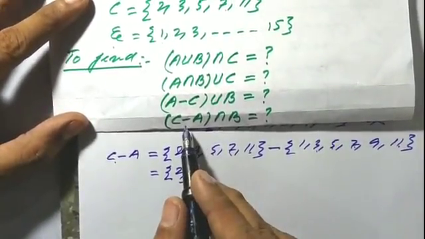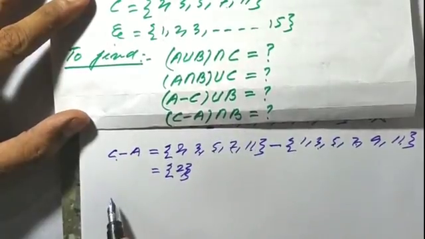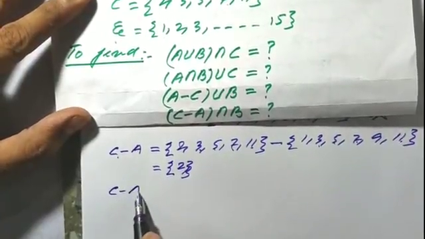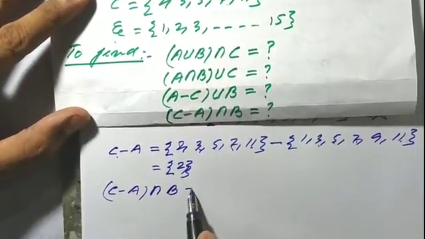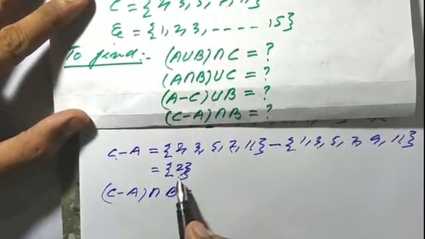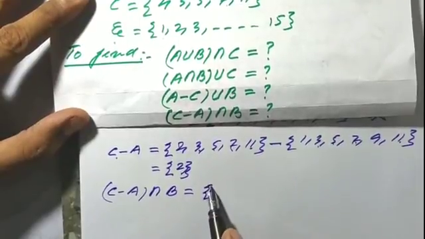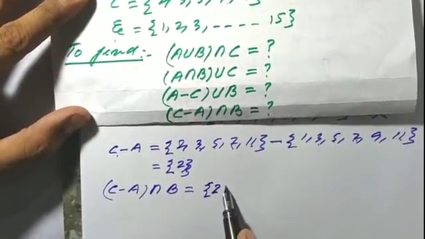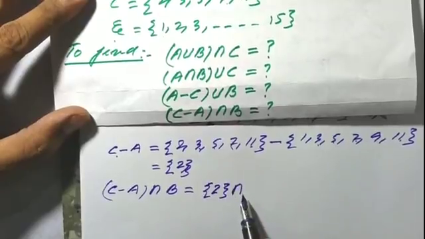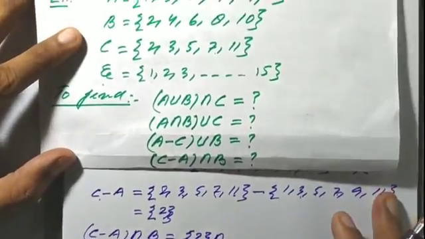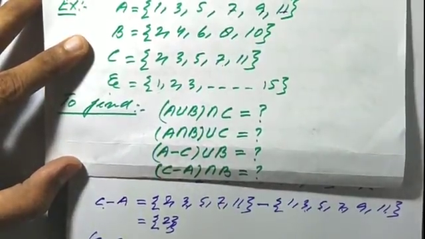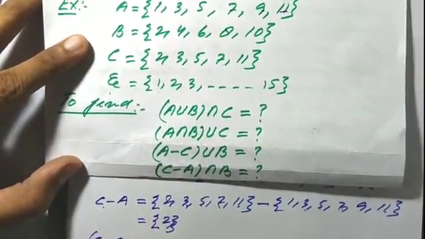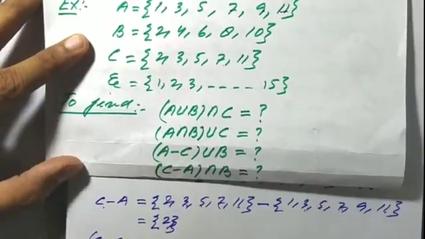Now we have to find C minus A intersection B. So write down the value of C minus A, which is the singleton set of 2, and intersection B, and B is the set of 2, 4, 6, 8, 10.